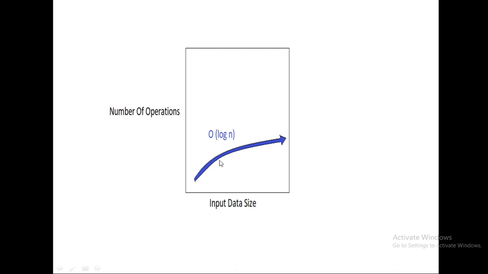This arrow indicates the result depending on these two axes. So this is indicating your time complexity. You can see the notation also for that.